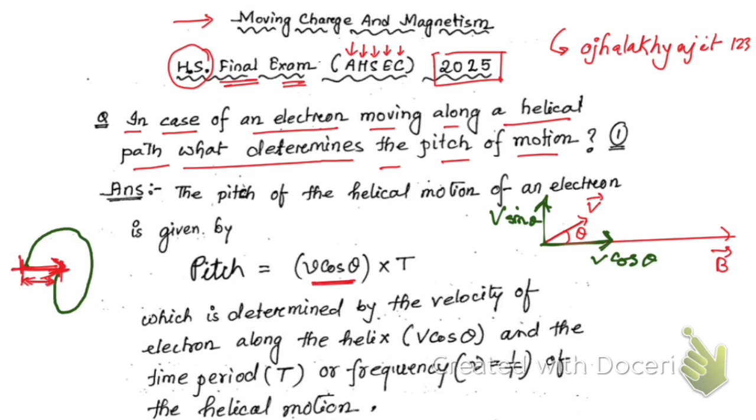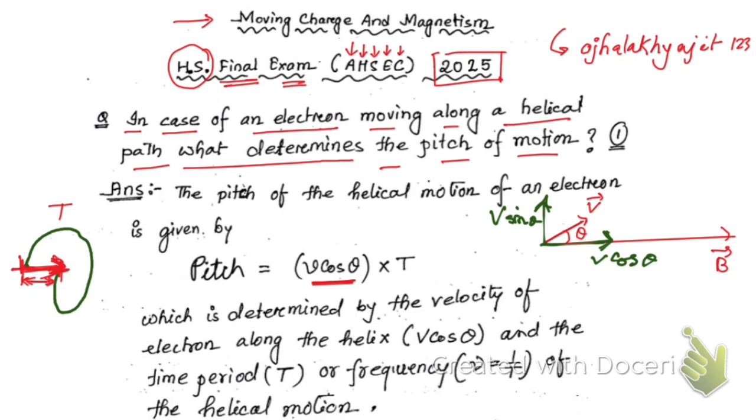Now as in this horizontal direction the velocity is v cos theta, or you can say the speed in the direction of the magnetic field is v cos theta. And suppose the time period, that is the time taken by the charged particle, whatever it may be, electron or proton.